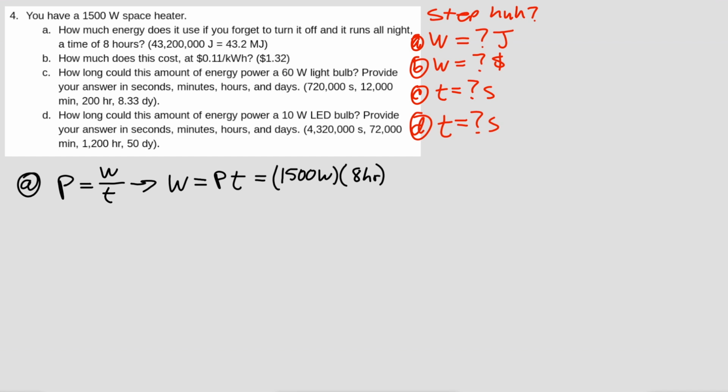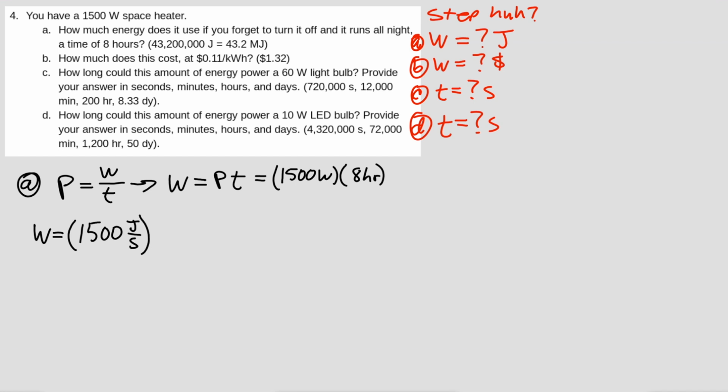One thing that might be helpful, you don't absolutely have to do this, but let's rewrite this. Instead of writing 1,500 watts, so work is equal to 1,500, a watt is actually equal to a joule divided by a second.